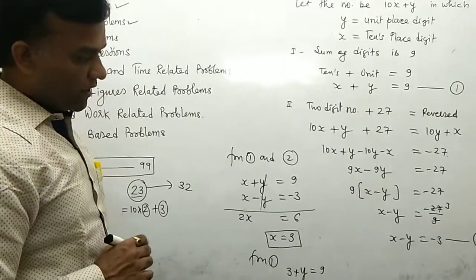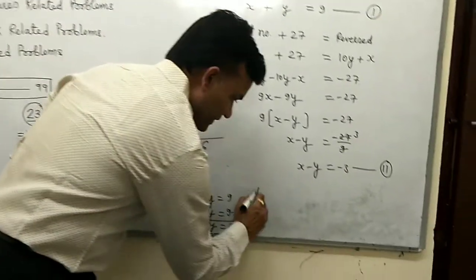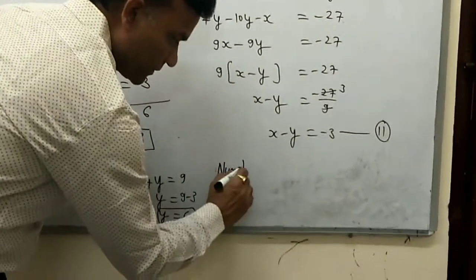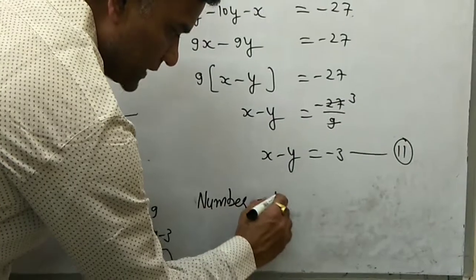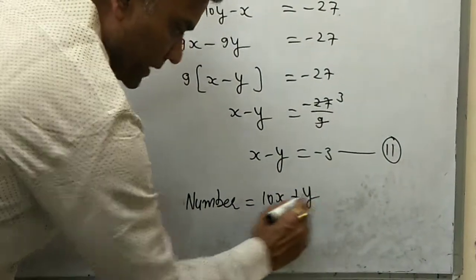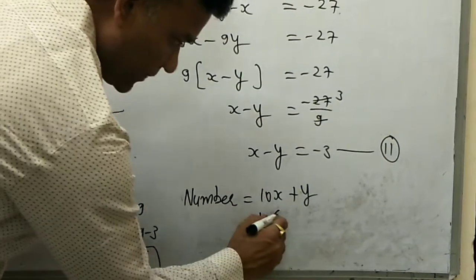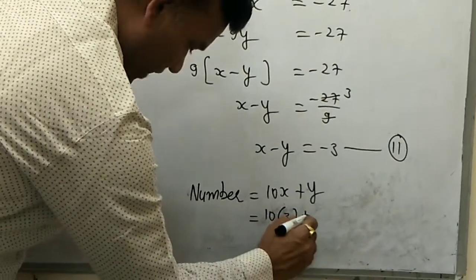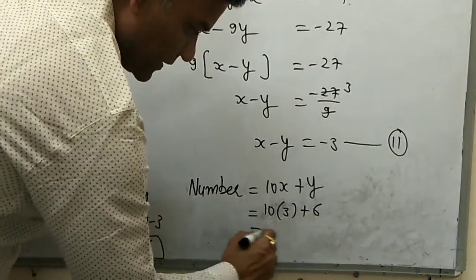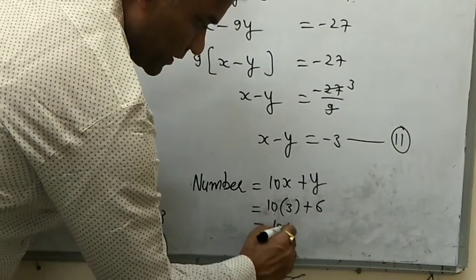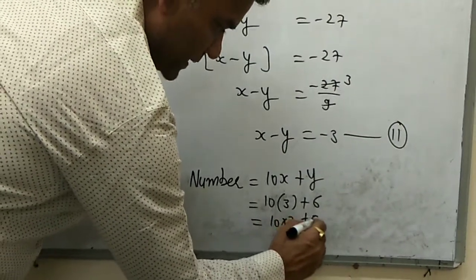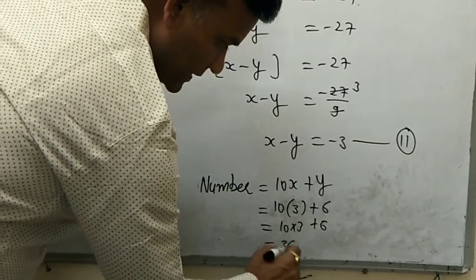And then how do you find the number? We know that the number is 10x plus y. Okay, so 10 into x, which is 3, plus y, which is 6: 10 into 3 plus 6, that is 36.